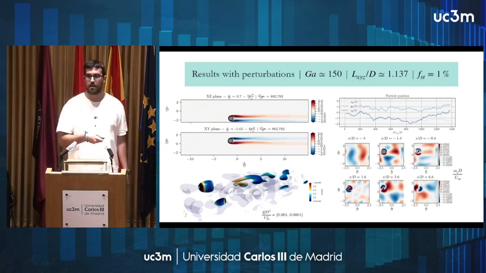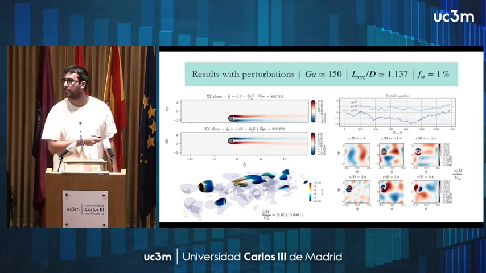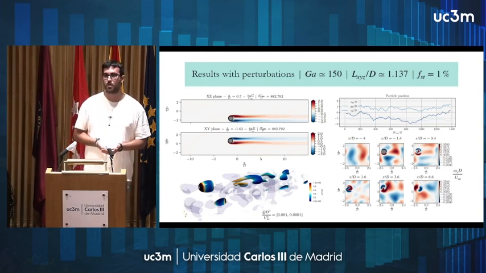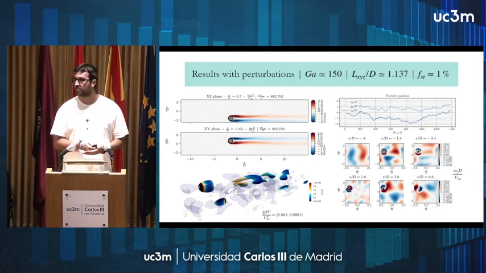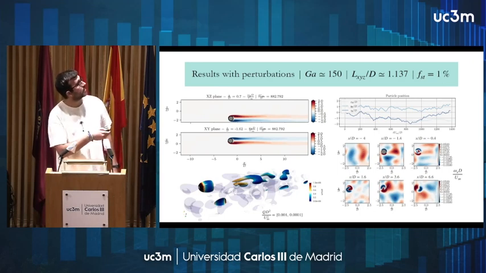We have a lot of motion in there because of the presence of the perturbation, and what we see is that somehow the particle, due to the regime in which we are, is trying to follow the steady vertical regime that I showed before, but it is unable to follow because of the perturbations.